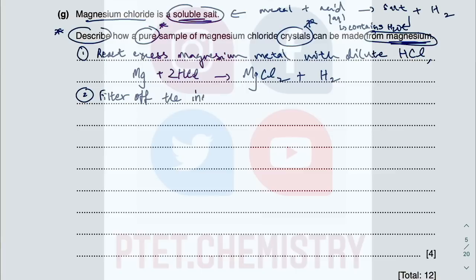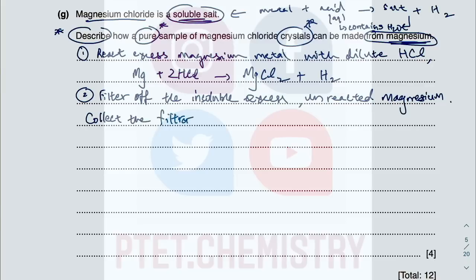the insoluble excess unreacted magnesium. So you know filtration, you can remove solid from solution. All right, collect the filtrate. Filtrate is the solution that passes through.